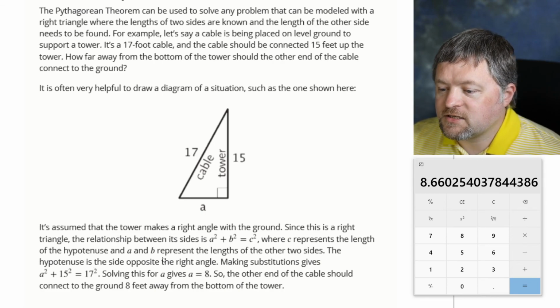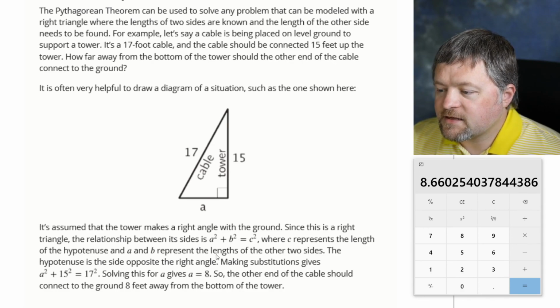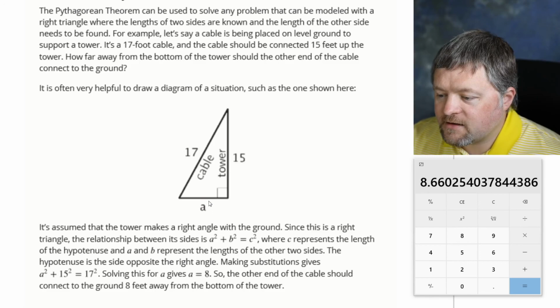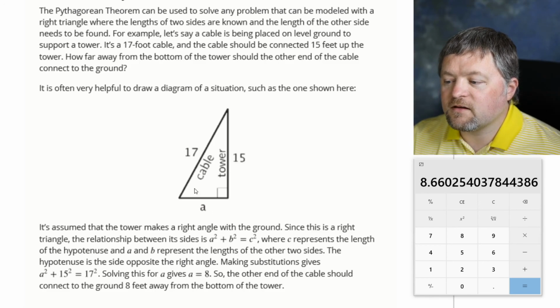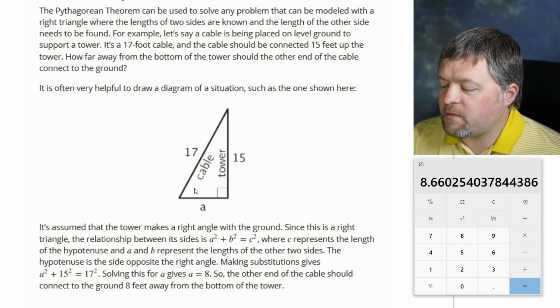The hypotenuse is the side opposite the right angle. Making substitutions gives a squared plus 15 squared equals 17 squared. Solving this for a gives us an a value of 8. So the other end of the cable should connect to the ground 8 feet away from the bottom of the tower.